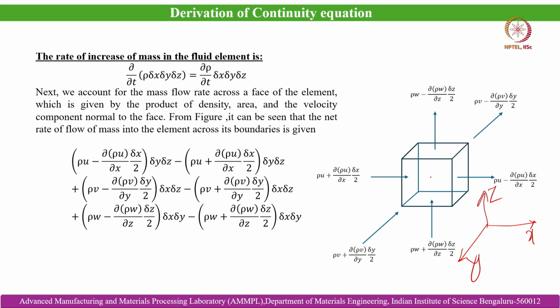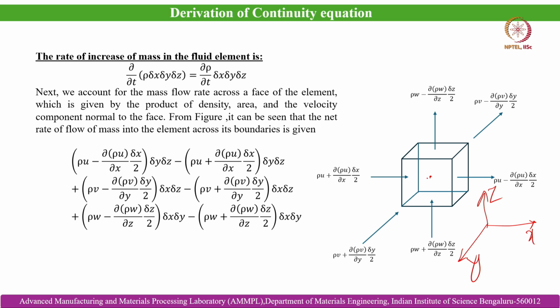Here assume we are focused on a point at the middle of this fluid element. Then the flux entering this control volume, we can add. The total distance along one side is delta x, along the y axis it is delta y, and along the z axis it is delta z.